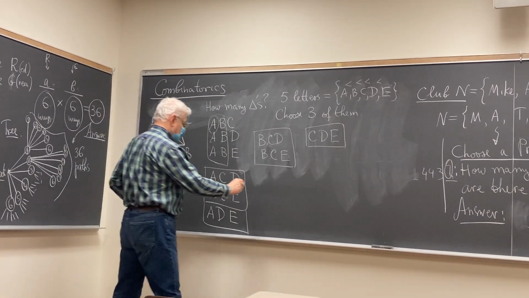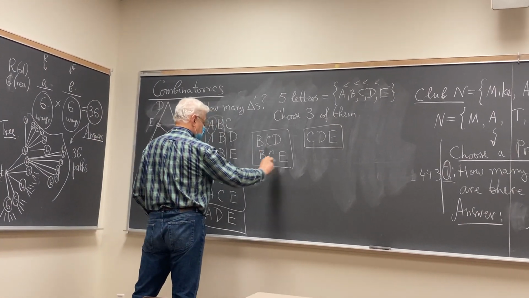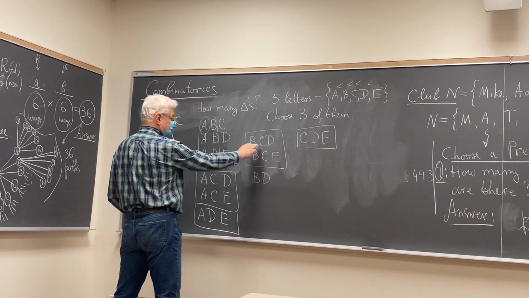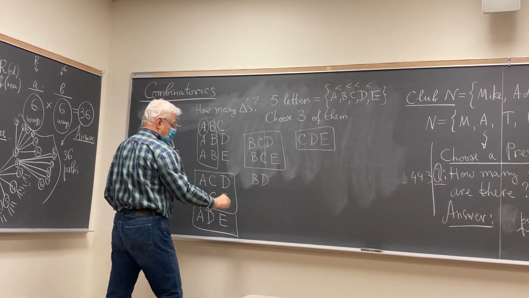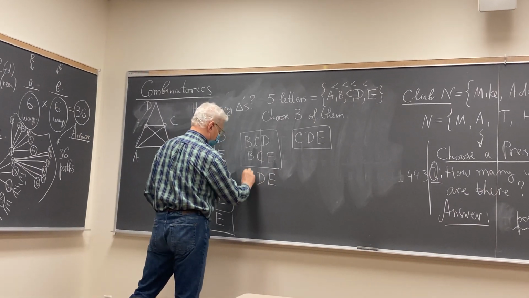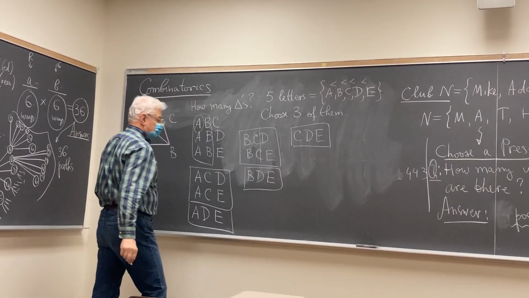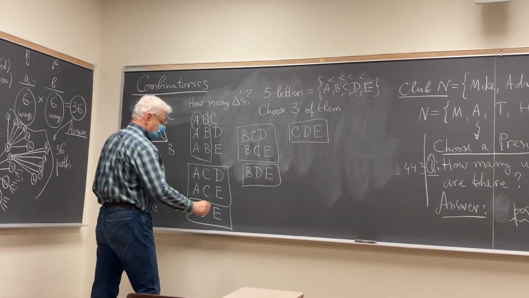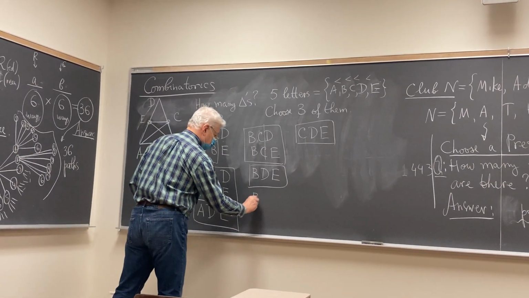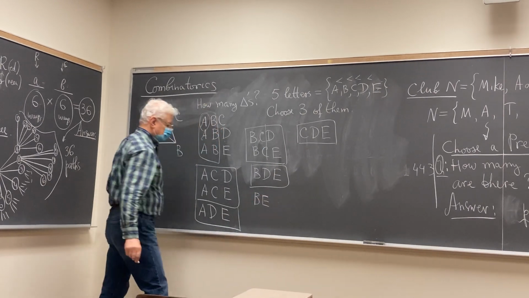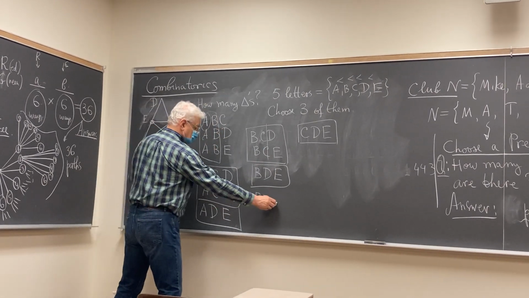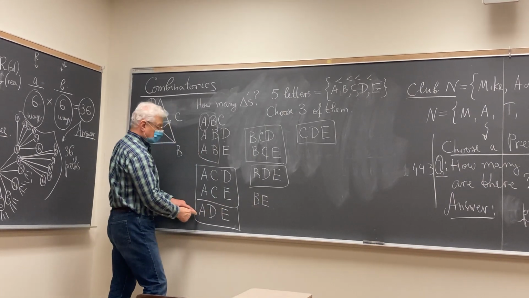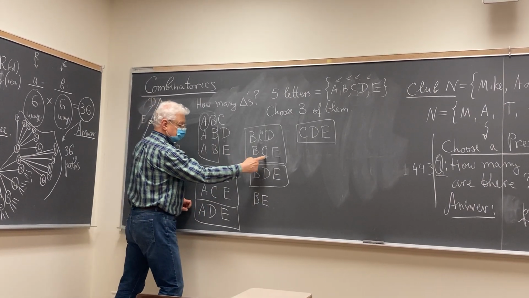Okay, next, we have BCD, BCE, but now let's write BD. BC we used, okay? BD, BDE, the only possibility. And also we can use BE, but what's next? No matter what you write, suppose you write A, it will be BEA. It's already here. BEC is the same as BCE.